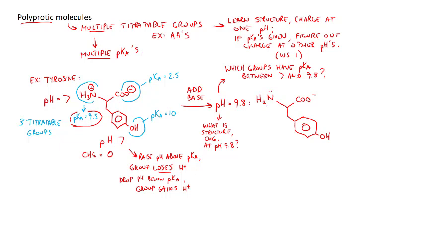And at that pH value, the proton that used to be on this amine would go to water. So what's the charge on this molecule? Well, now we've lost our positive charge, but we still have the negative on the carboxylic acid. So our charge is now 1 minus.